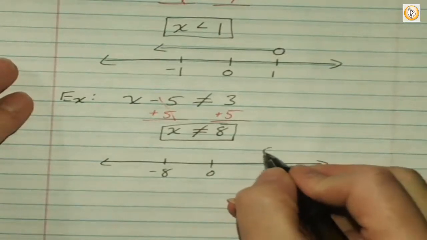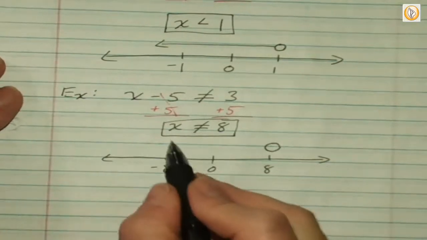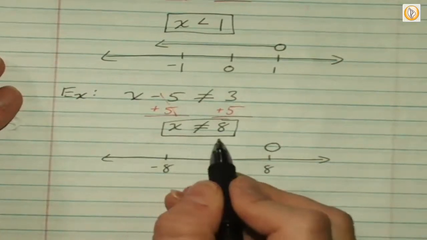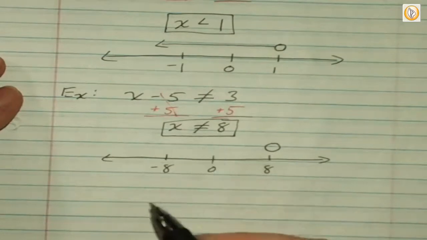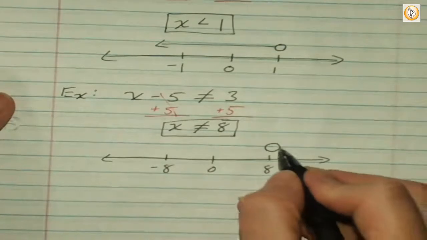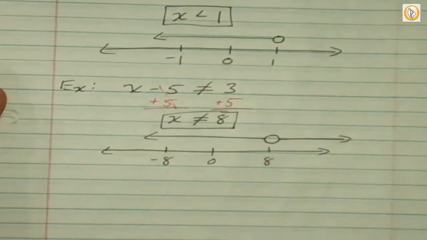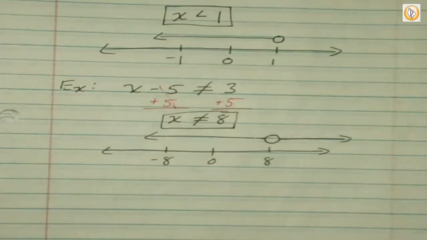So open circle when you are not including it, and X can be any number but 8. So tell me about the arrows. It goes both ways. Good job, because it can be any number greater than or less than 8. The only rule is it can't be 8. Any questions so far?